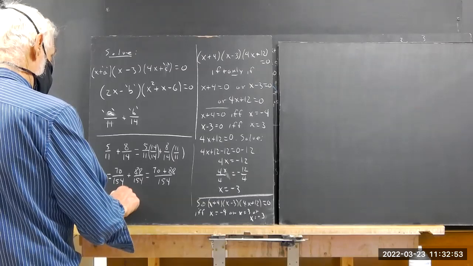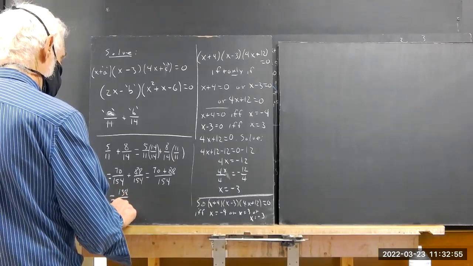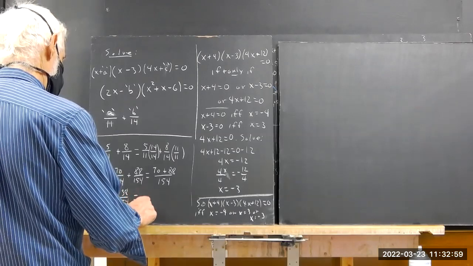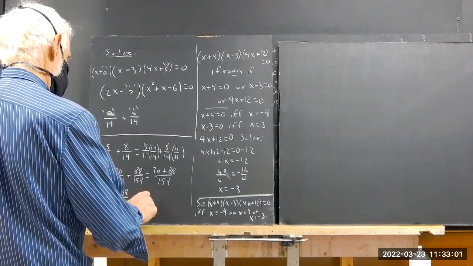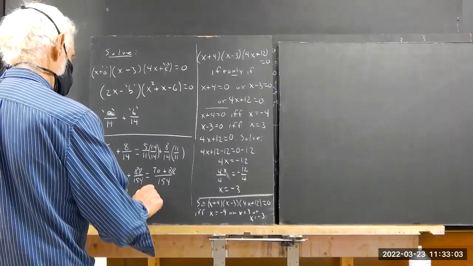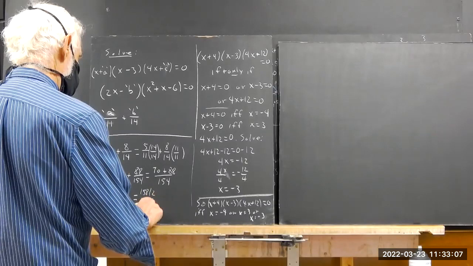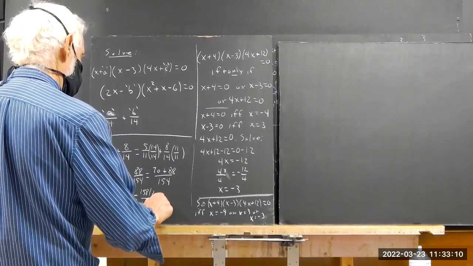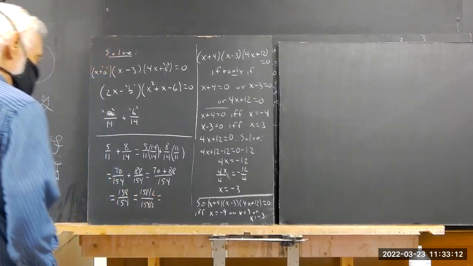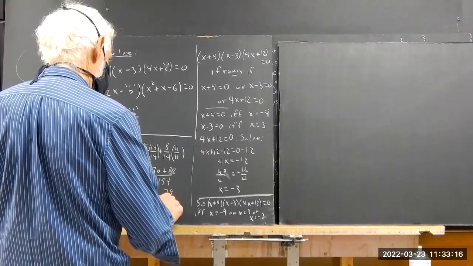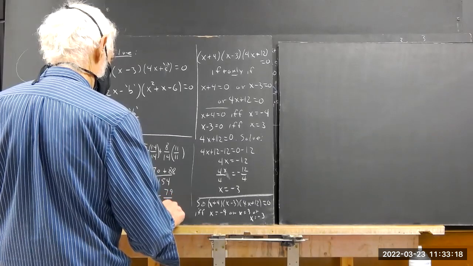So anyhow, this is 158/154. Well, that equals 158 divided by 2 over 154 divided by 2, which is 79/77.